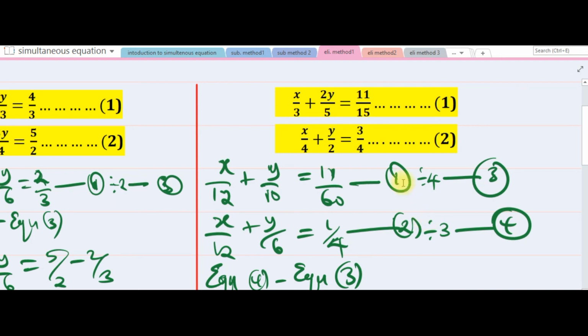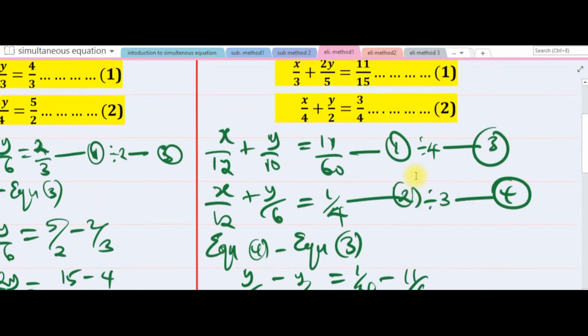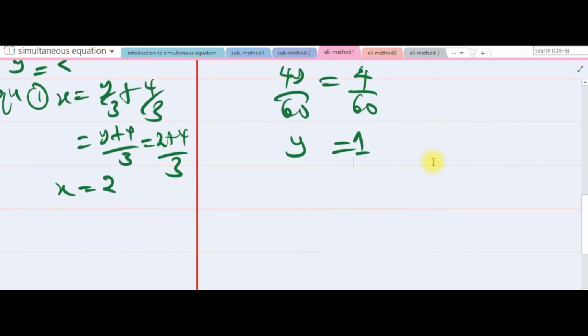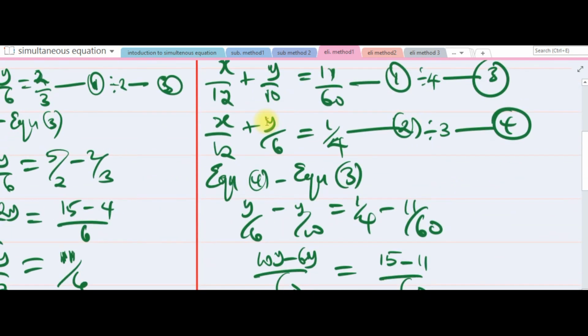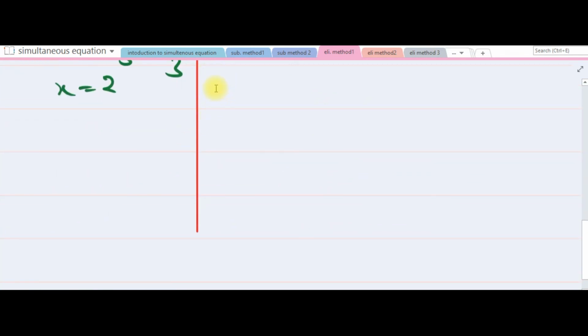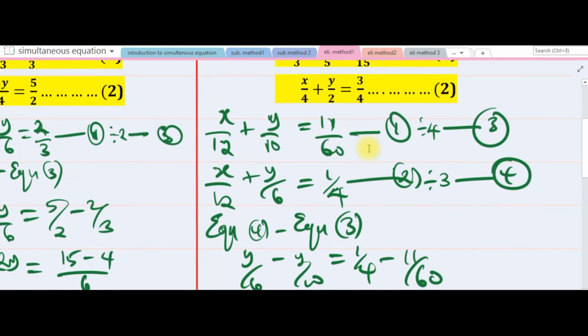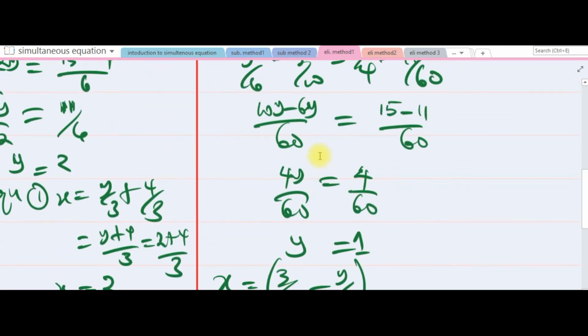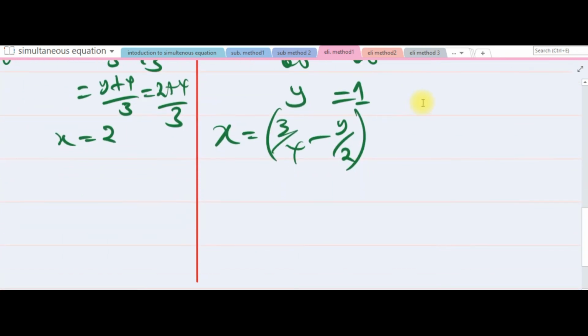and find the value of x. From what I'm saying, equation 2 is better. So from equation 2, I'm making x the subject of the formula. x equals 3 over 4 minus y over 2, times 4.